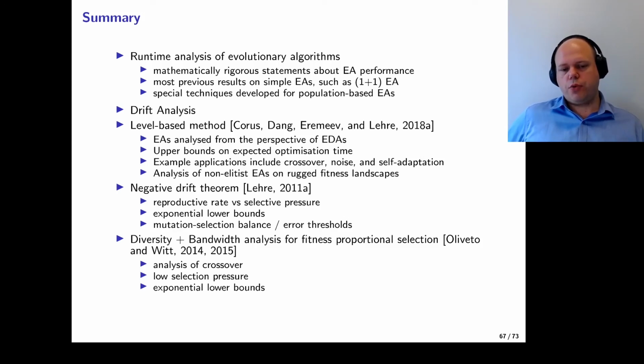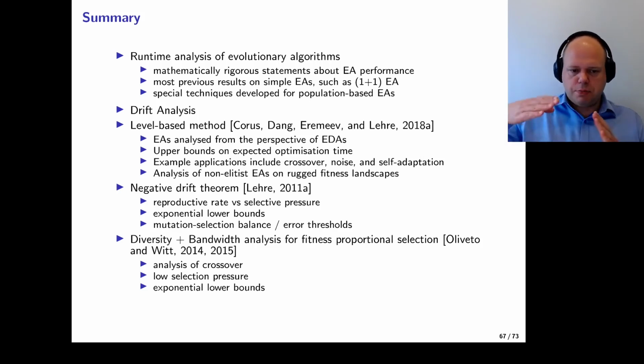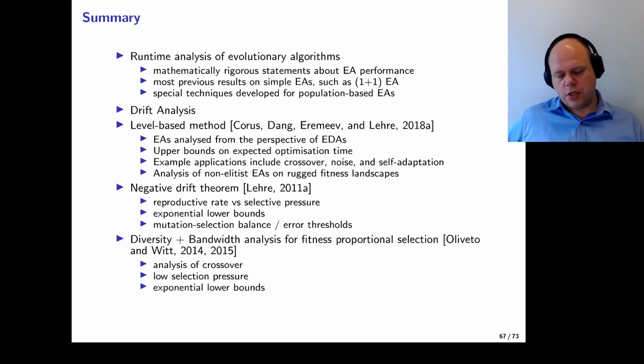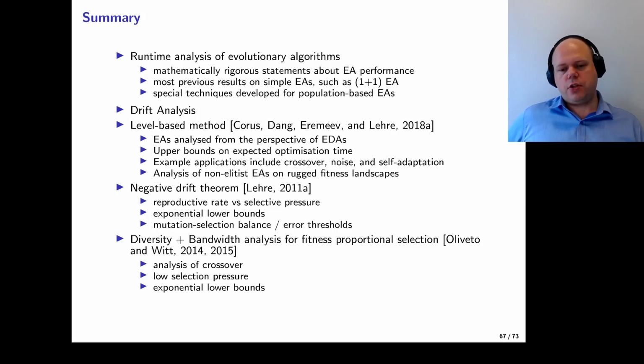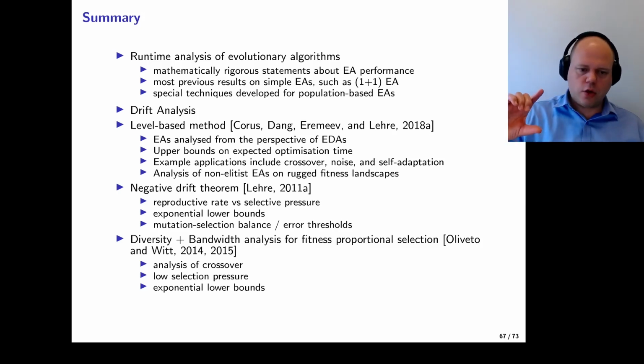So here we can prove exponential lower bounds in various settings, for example, if there's too low selective pressure relative to the mutation rate. So we say that there is some kind of error threshold, a balance between the mutation and the selection. If there is too much mutation relative to the selection pressure, then the runtime can go from polynomial to exponential.